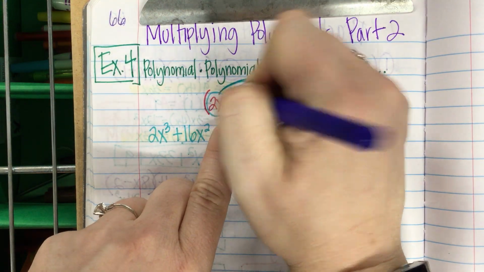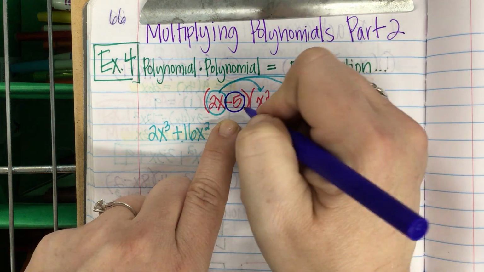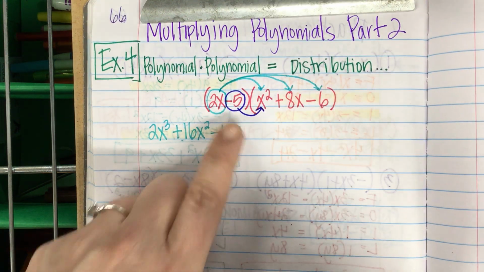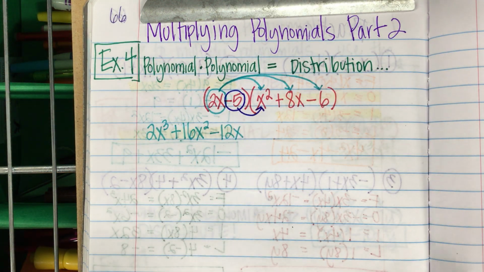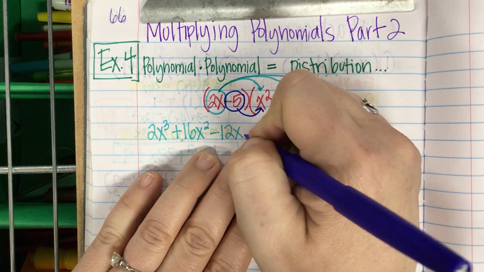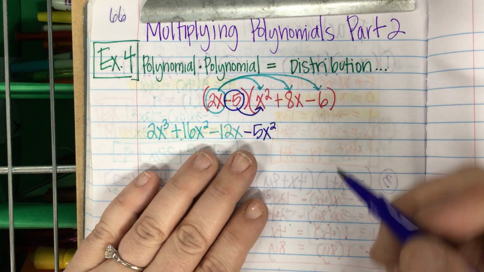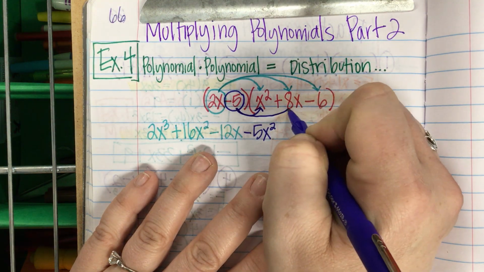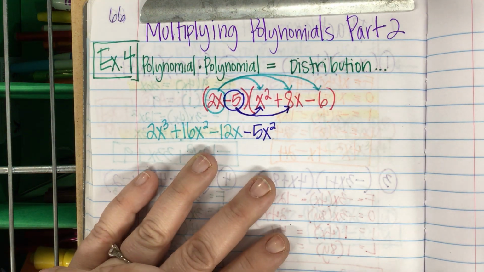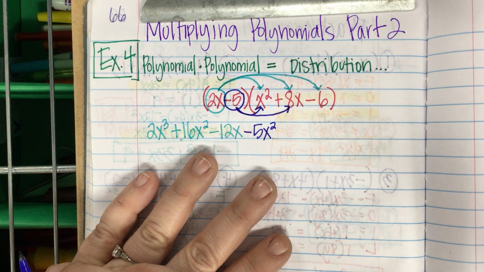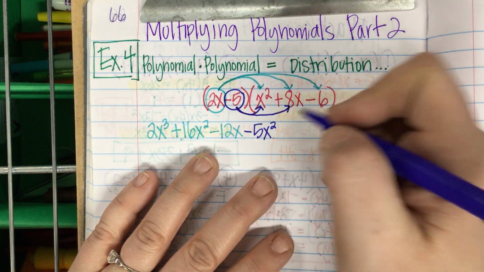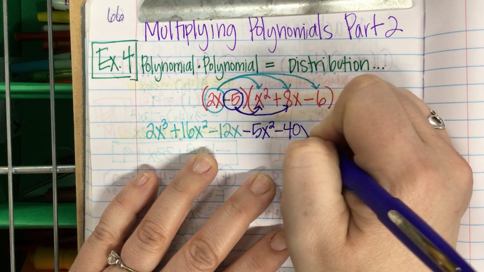So I'm going to take that negative 5 and it gets distributed to the x squared. What is negative 5 times x squared? Negative 5x squared. Then I go back, and that negative 5 gets distributed to 8x, and negative 5 times 8x is, bless you, negative 40x.